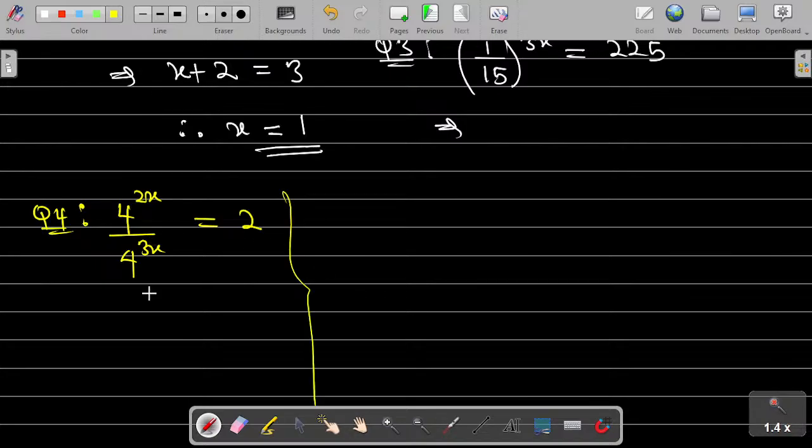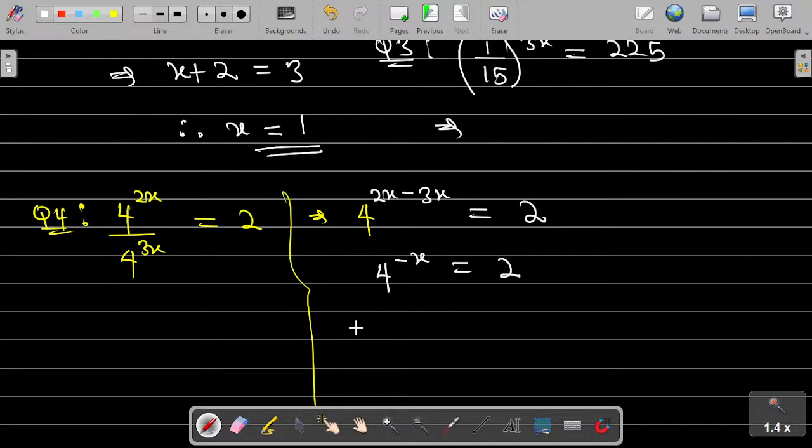The values in the numerator and denominator are in the same base, so we can quickly take one base. Remember, the second rule says that if you have division, you subtract powers. So we'll have 2x minus 3x is equal to 2. And that's going to give us 4 raised to the power of minus x is equal to 2.